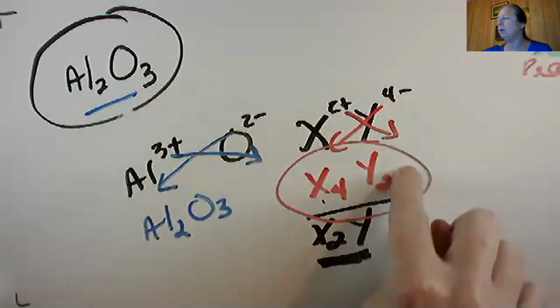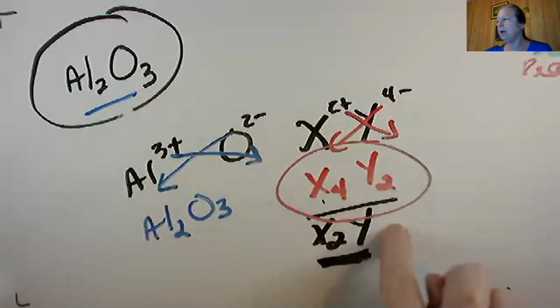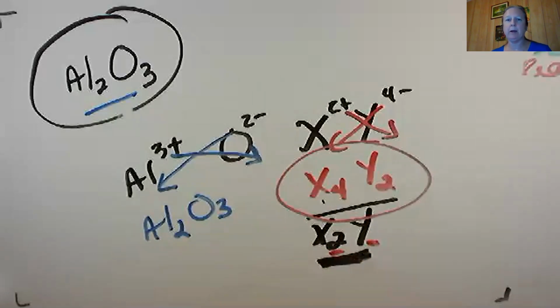So you're not done. X2Y would be your formula unit because it has to have the lowest ratio. These can no longer be minimized. All right. So this will save you tons of time. Just don't forget to simplify it as much as possible. All right, back to PowerPoint.